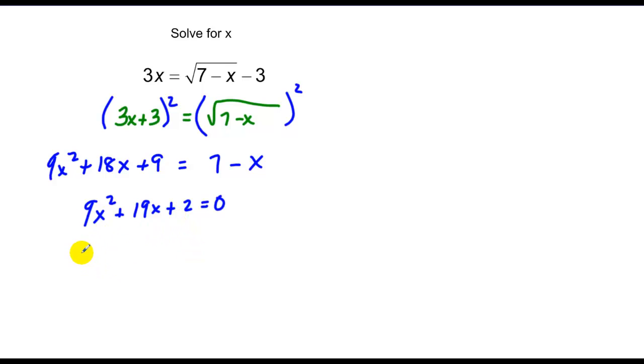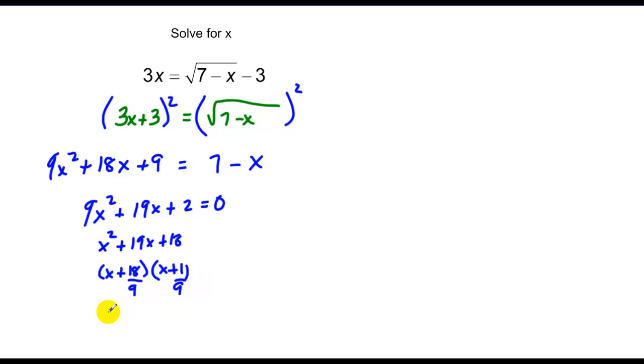I'm going to use a 5-step here, so this goes to x squared plus 19x plus 18. What multiplies to 18 and gets me 19? That's x plus 18, x plus 1.